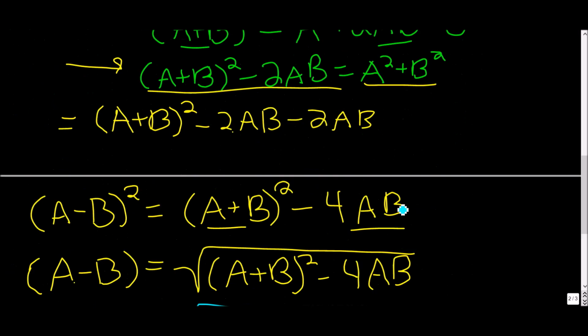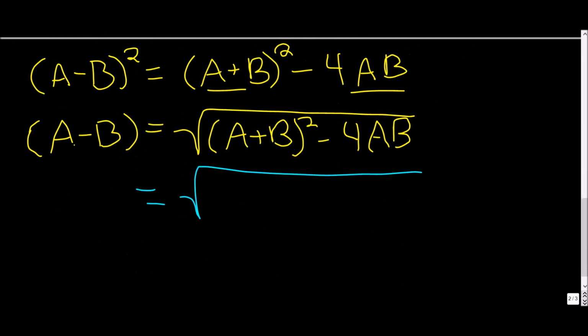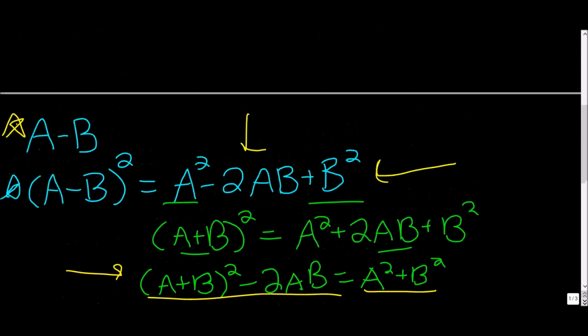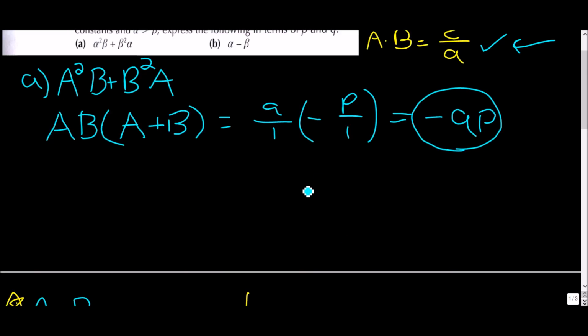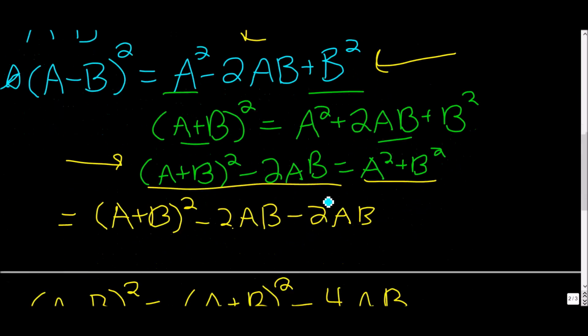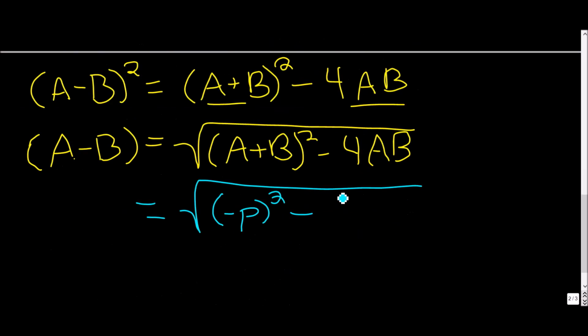So this is negative p squared, and I'm subtracting 4 alpha beta, which is q, so it's minus 4q.